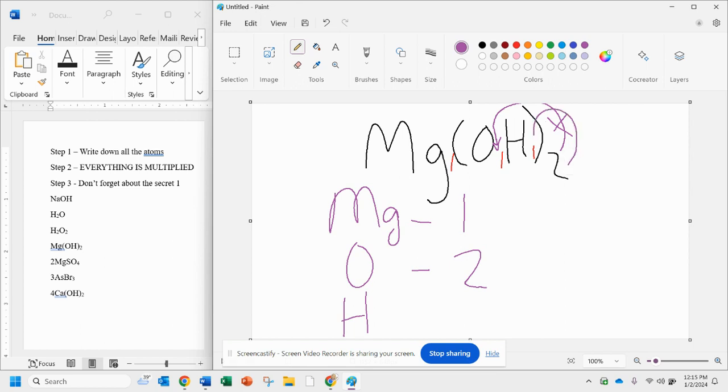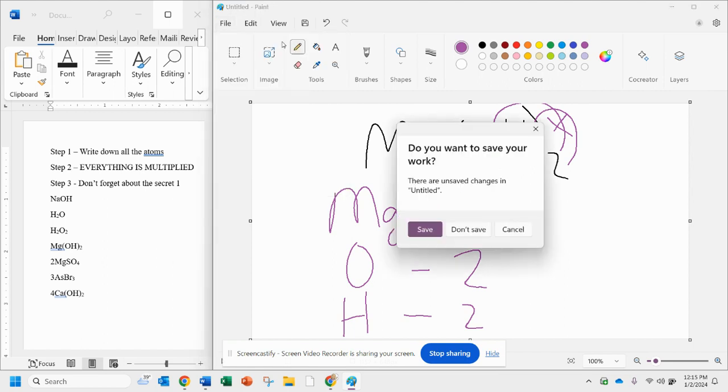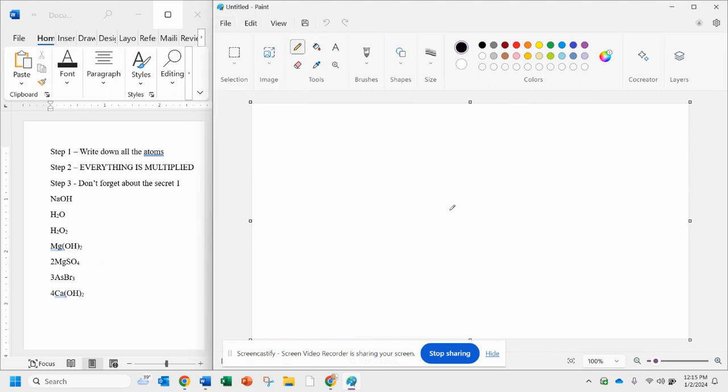And we're going to do this one 2 times 1. So when we are counting atoms for magnesium hydroxide, we have 2 hydrogens, 2 oxygens, and 1 magnesium. Okay, so we're multiplying. You should not be subtracting, adding, dividing, anything like that. We are strictly multiplying.